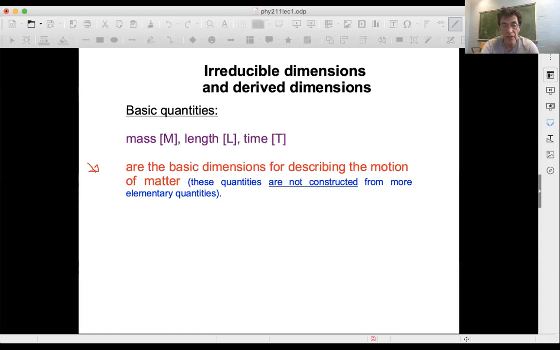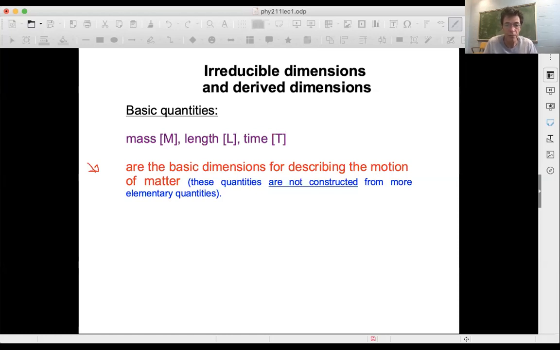And when we say they're the most basic, fundamental dimensions, what we mean is we can't say that mass is built out of something else, some other dimensions put together to make mass. Length isn't built out of something else, and time, likewise, isn't built out of something else.